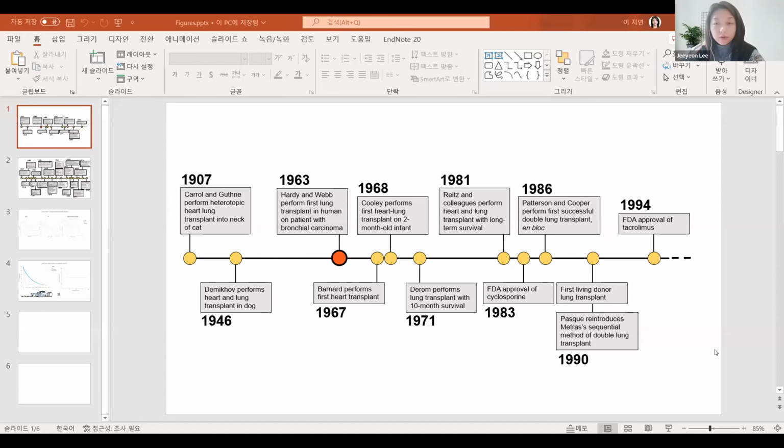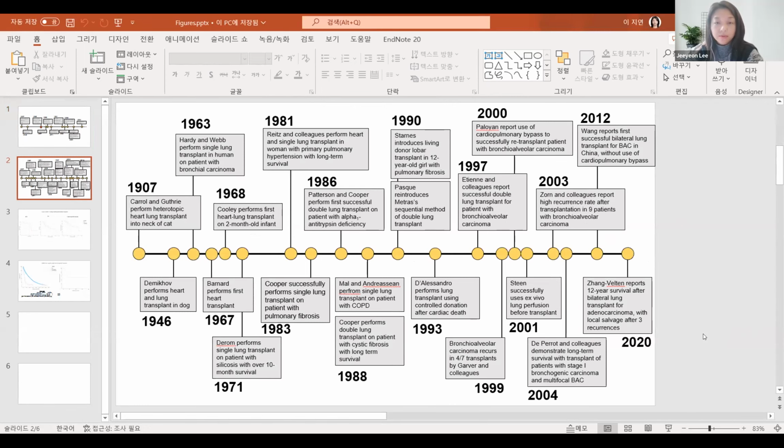This is the same figure worked on previously. It was too short, so I asked him to expand the period with more references. I think it's now too much actually. So I told him that I will confirm with Dr. Chen and give him feedback.